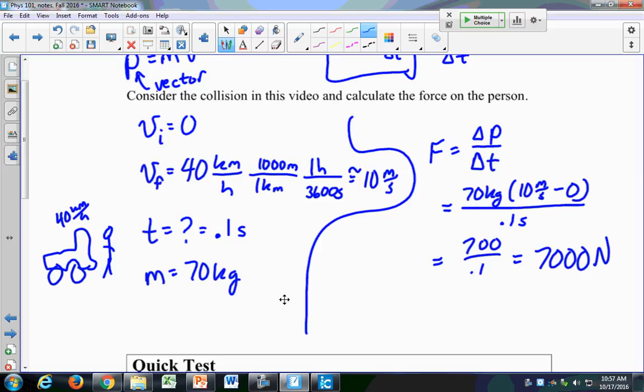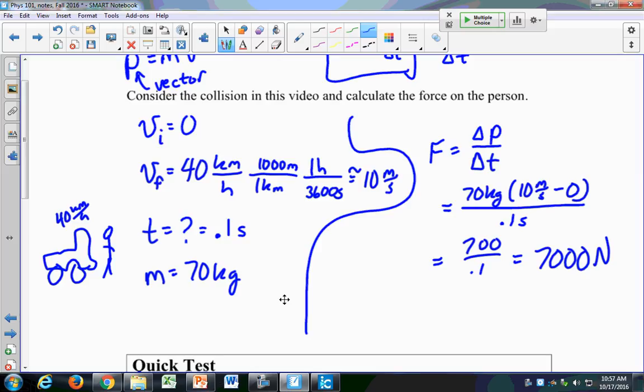So we basically remove the car from the whole system. We're just looking at the object that we want to know what is the force that is acting on that object. Is that clear?